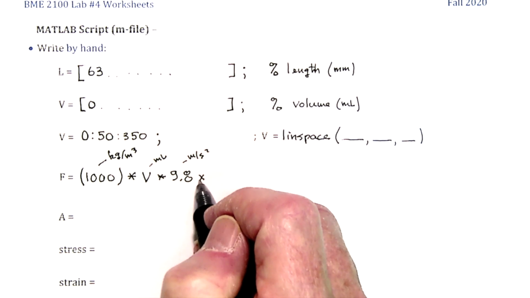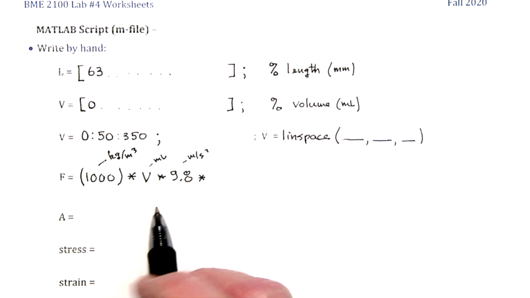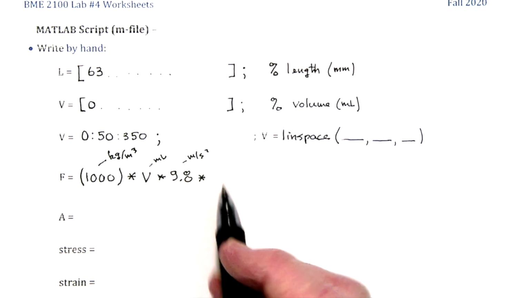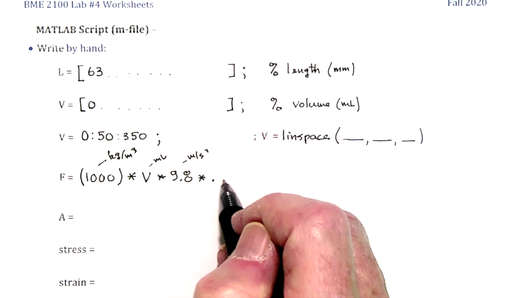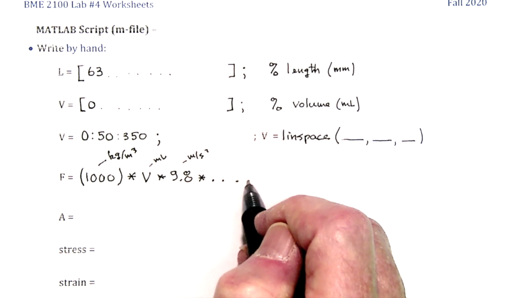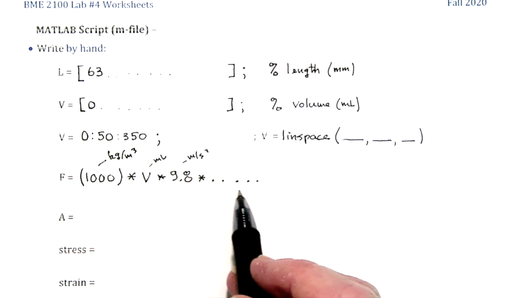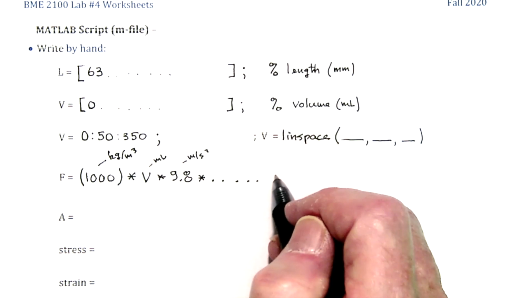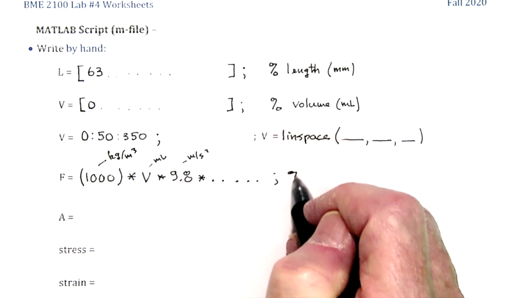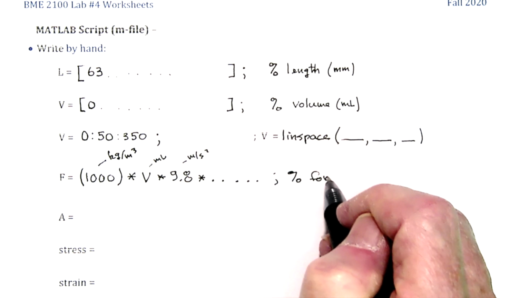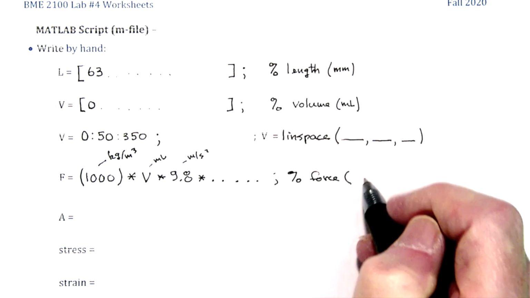But now I'm going to need to convert that from milliliters over to the SI unit. I'm going to let you determine what goes for the rest of this line to convert these values over to SI values. Make a comment to myself that this is force, and it should be in the SI units of newtons.